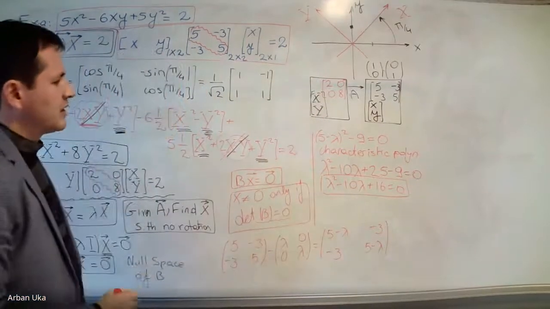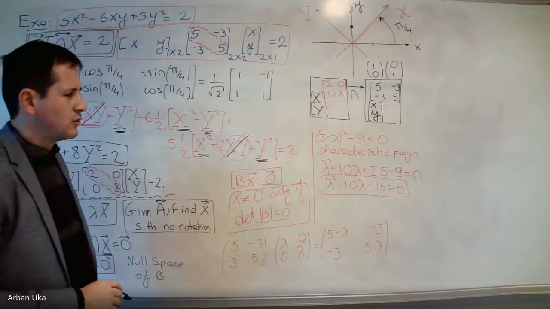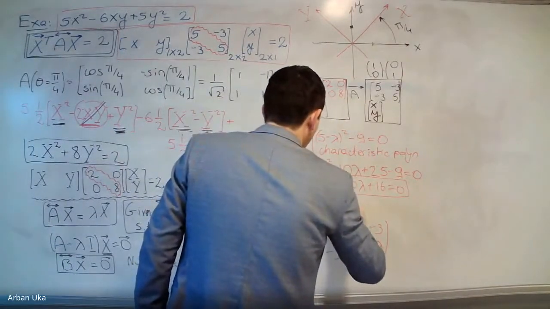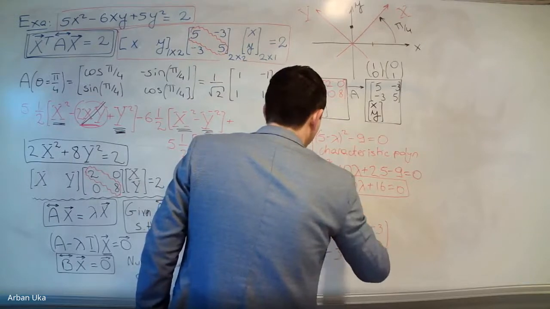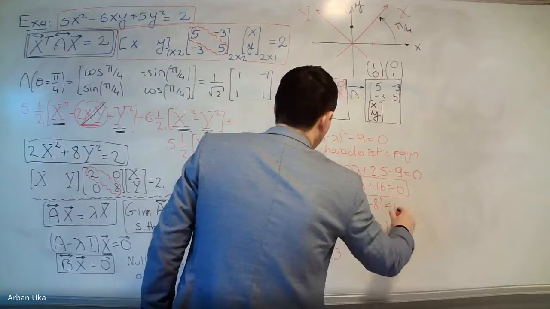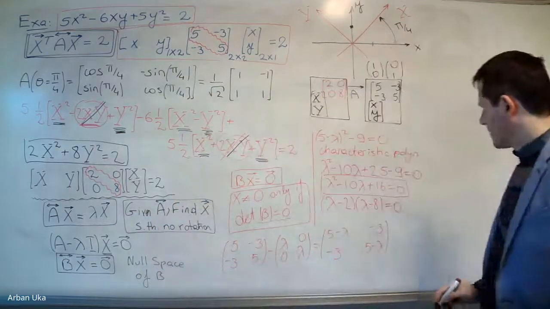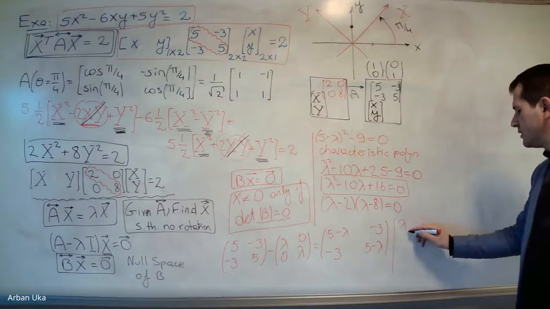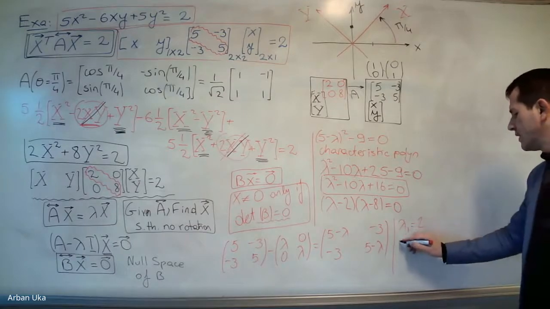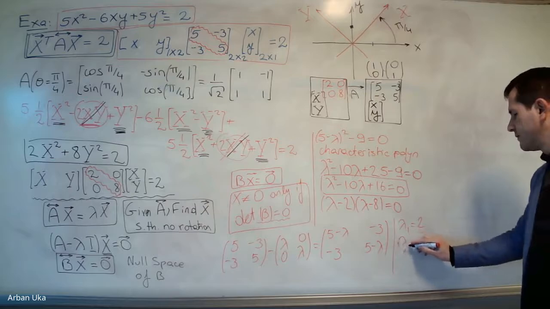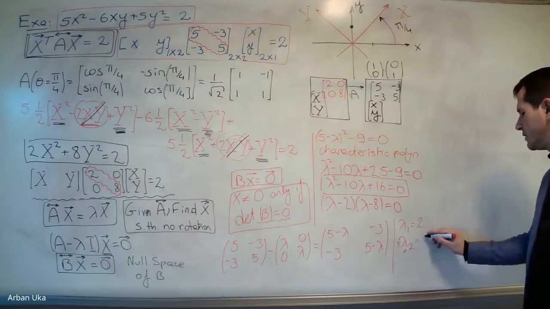Then, what are the solutions lambda 1, lambda 2 here? This is lambda minus 2 times lambda minus 8, this is equal to 0. So then this looks like lambda 1 is equal to 2, and lambda 2 is equal to 8.